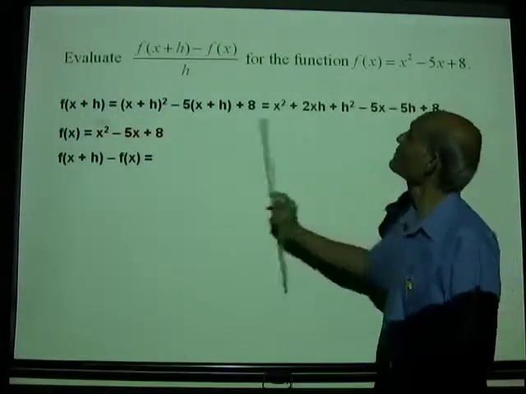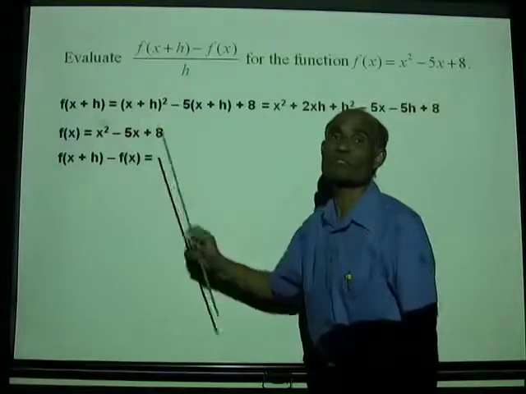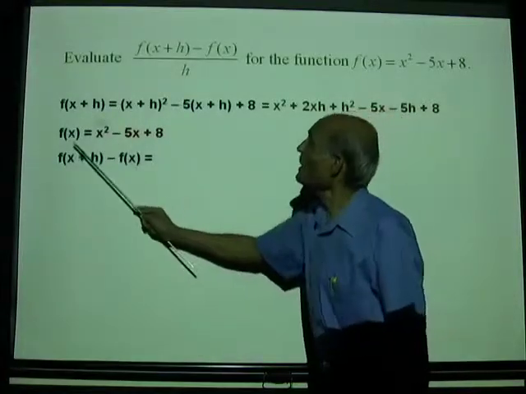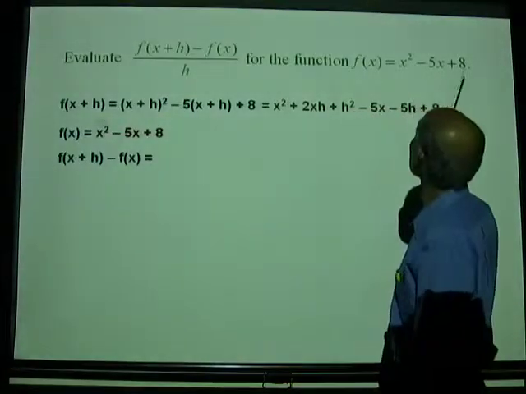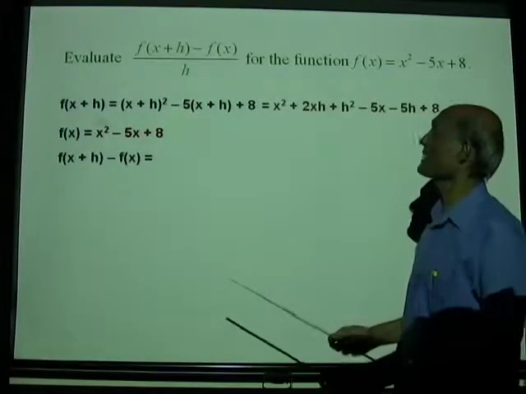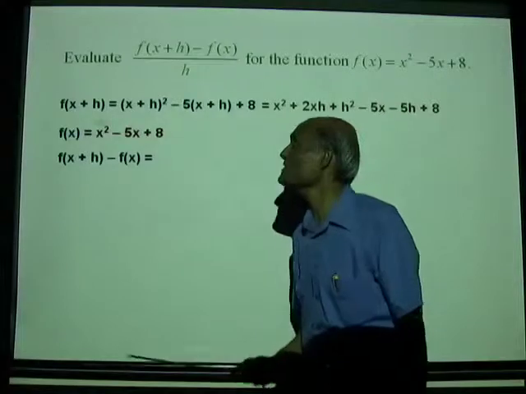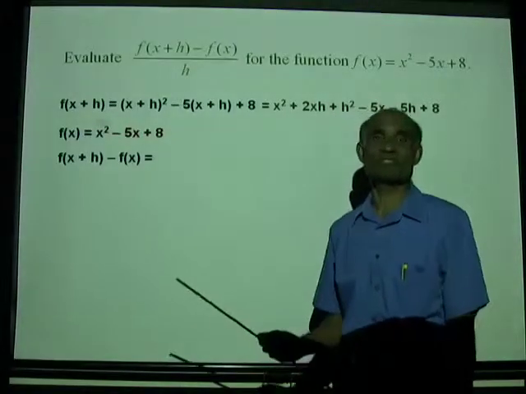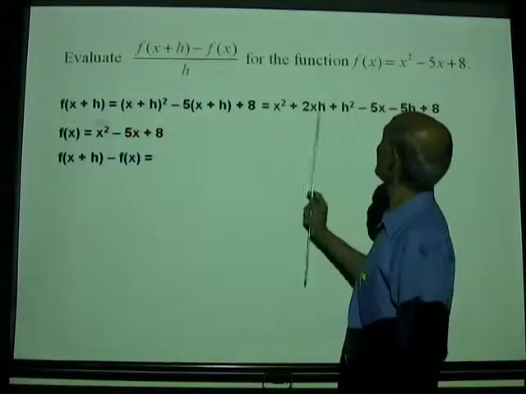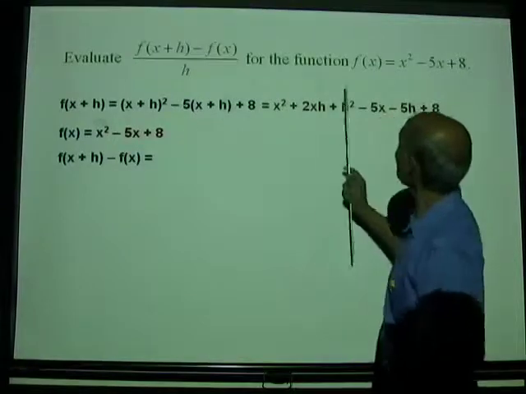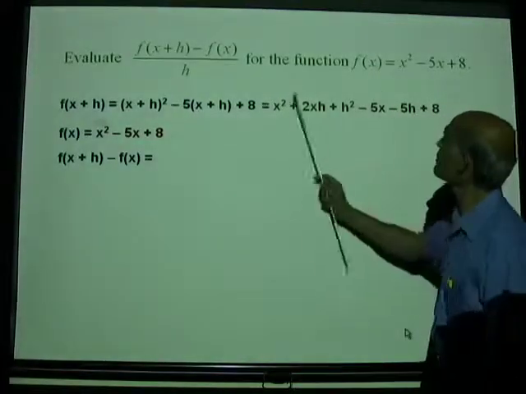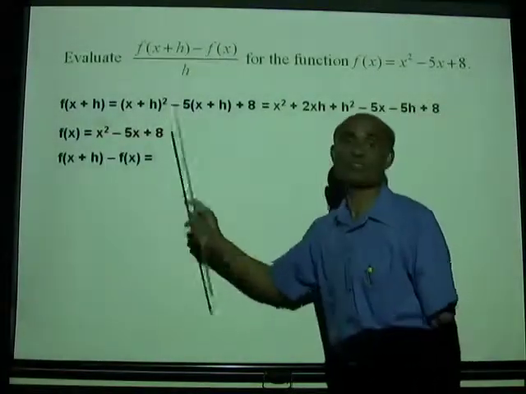This is the quantity f of x plus h. And now f of x we know is x squared minus 5x plus 8. And therefore what is f of x plus h minus f of x? It will be this whole quantity minus this.